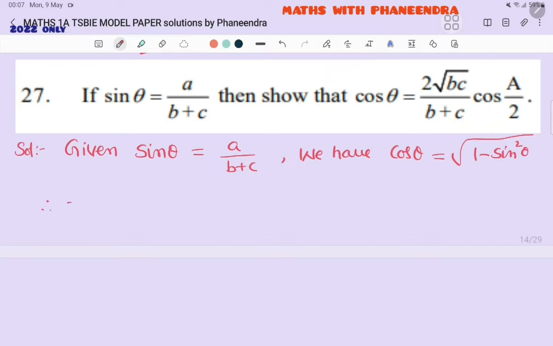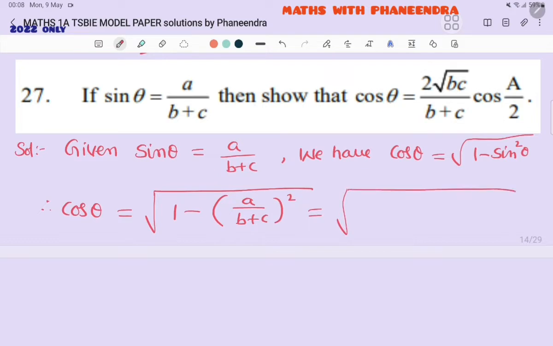Therefore cos theta is equal to root of 1 minus sin square theta, A by B plus C whole square, which is equal to root over 1 minus A square by B plus C whole square.